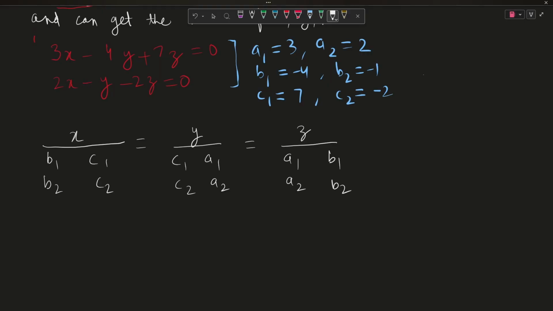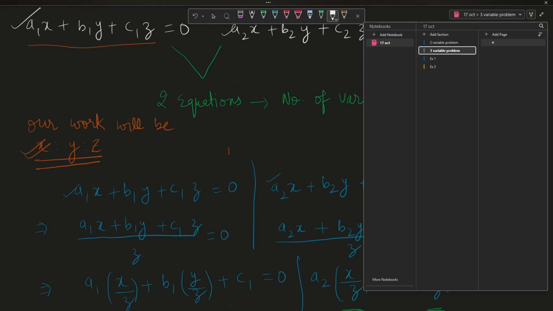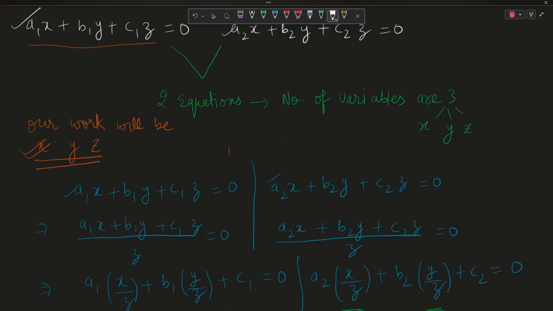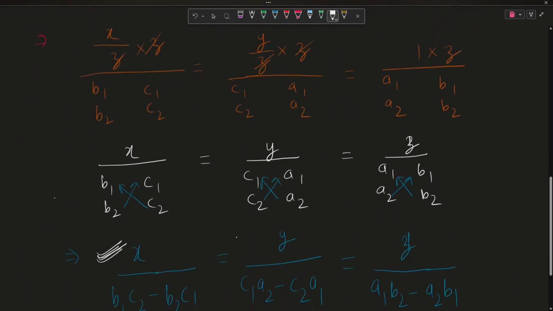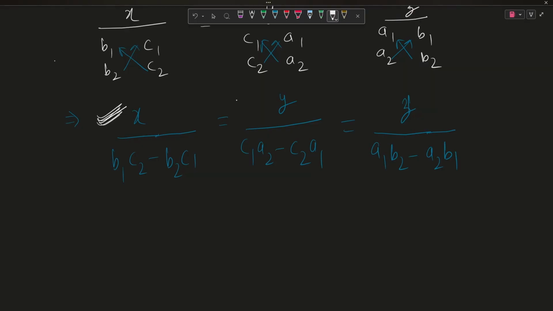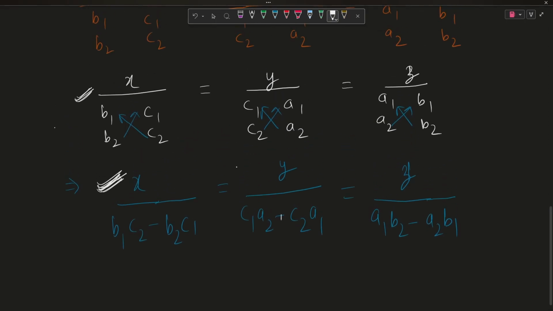I'm using that same formula that we achieved while discussing the three variable problem, right? I'm only using this formula to get started, right?